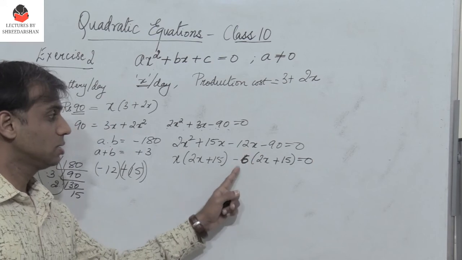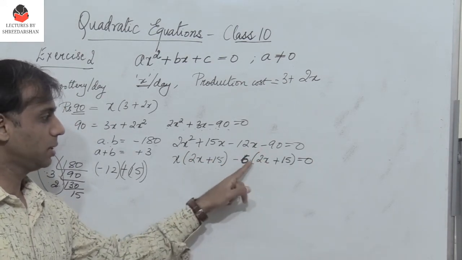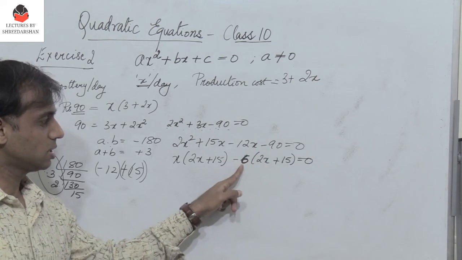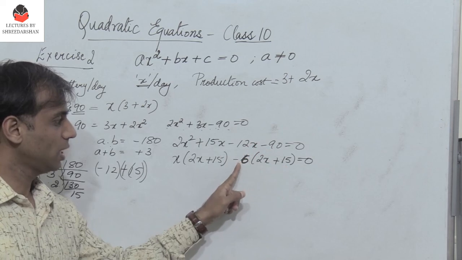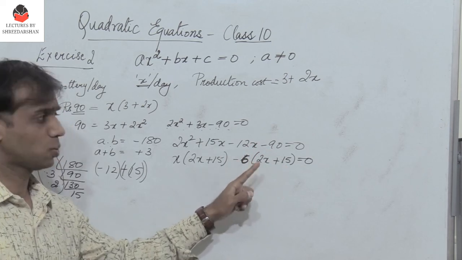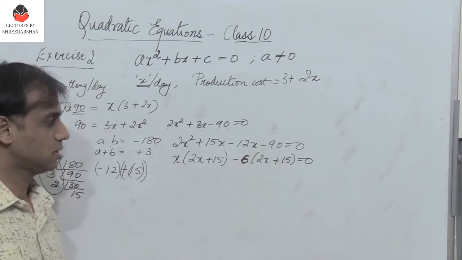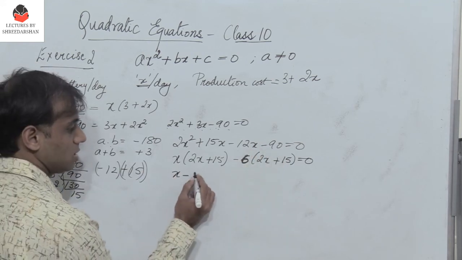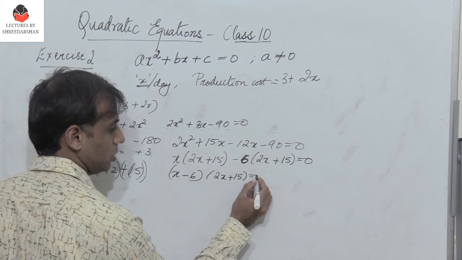We cannot take 12 common because it's not a multiple here. So minus 6 outside, I get 2x plus 15. Minus 6 into 2x is minus 12x, and 15 into minus 6 is minus 90. So we have x minus 6 and 2x plus 15 equal to 0.